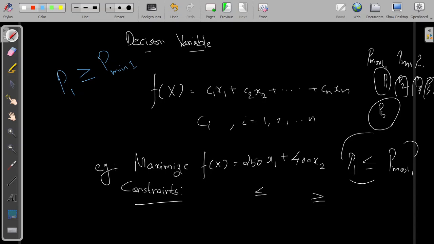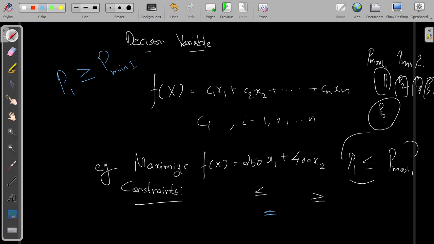And it can also be an equality expression. So less than or equal to, greater than or equal to, and equal to expressions are the three types of constraints.